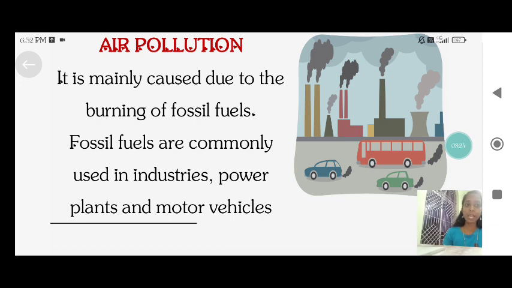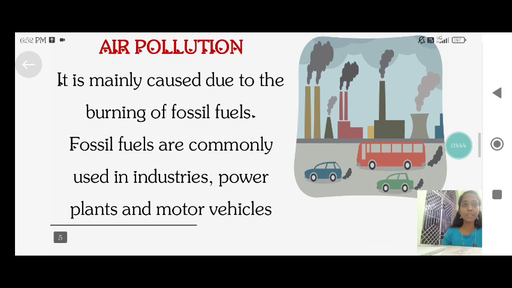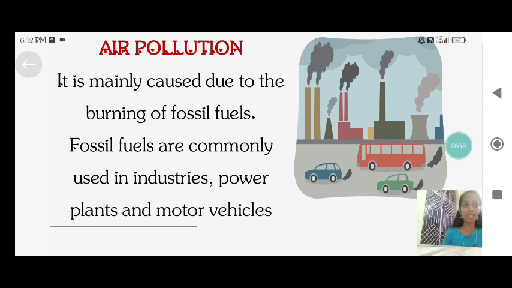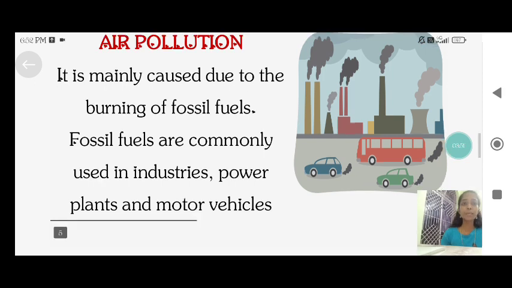In this figure you can see we are polluting the environment from the industrial side as well as from motors. Transportation also causes air pollution. Then the burning of wastes, burning of plastic materials, all these pollute our environment as well as cause various types of diseases for human beings. This is about air pollution.